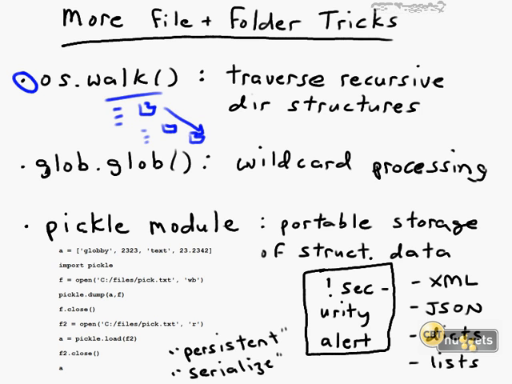Speaking of pattern matching searches, we have the glob module, which if we import glob along with OS gives us tremendous flexibility in not only being able to walk through a complex directory tree, but also the glob function in the glob module is used for wildcard processing. So in other words, we can use, say, the asterisk character used as a wildcard character in most, if not all, current operating systems to gather all files of, say, a particular extension, all files that start or end with a particular substring.